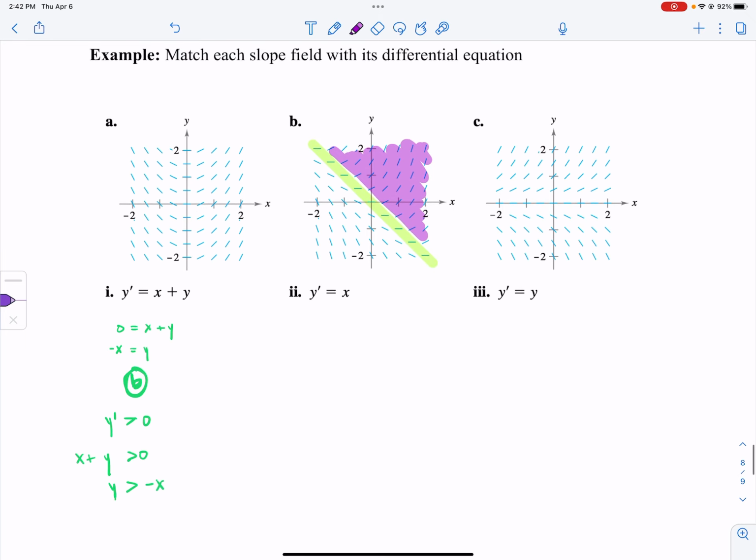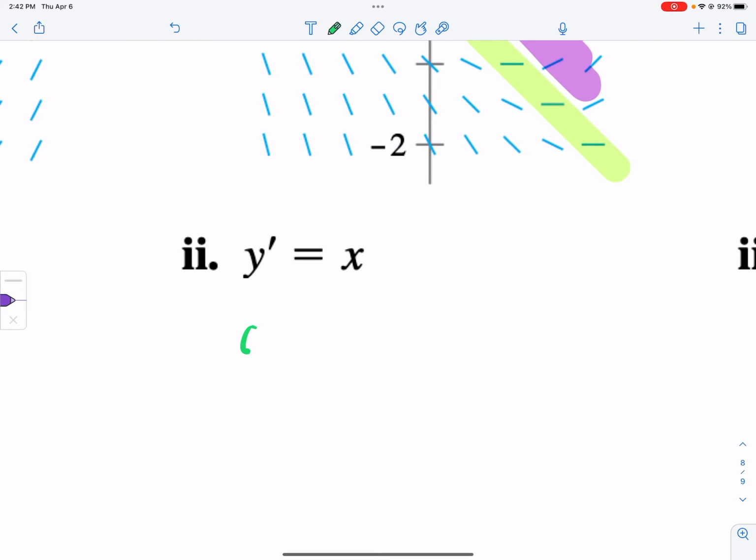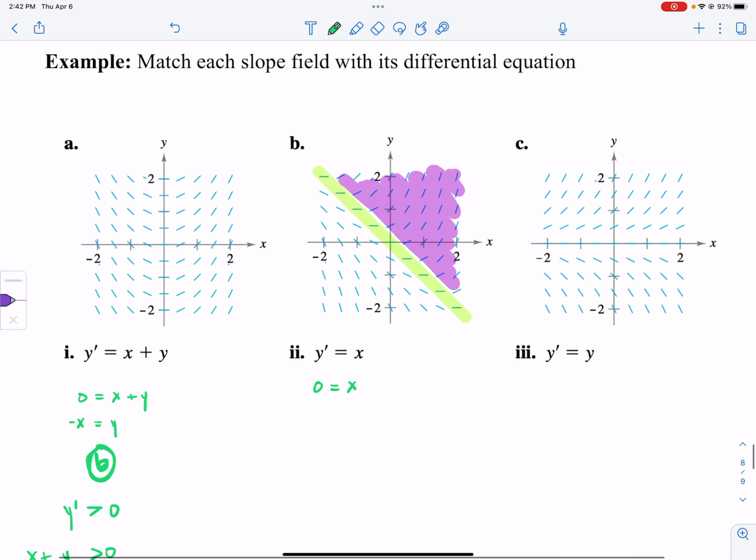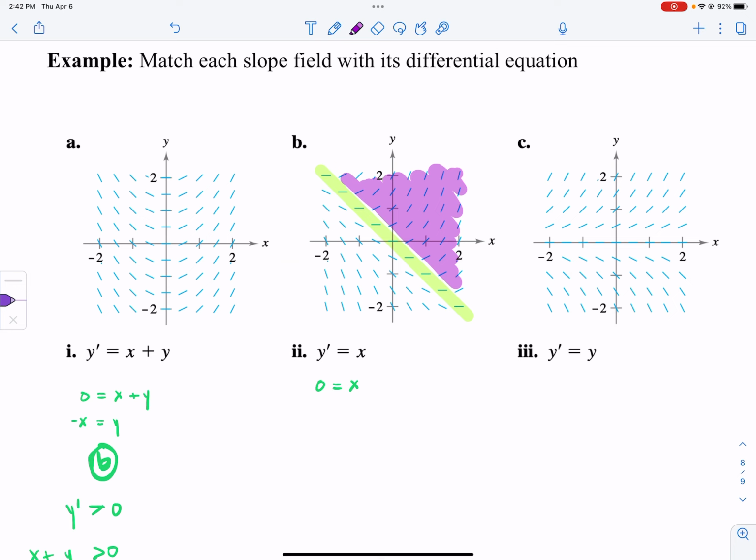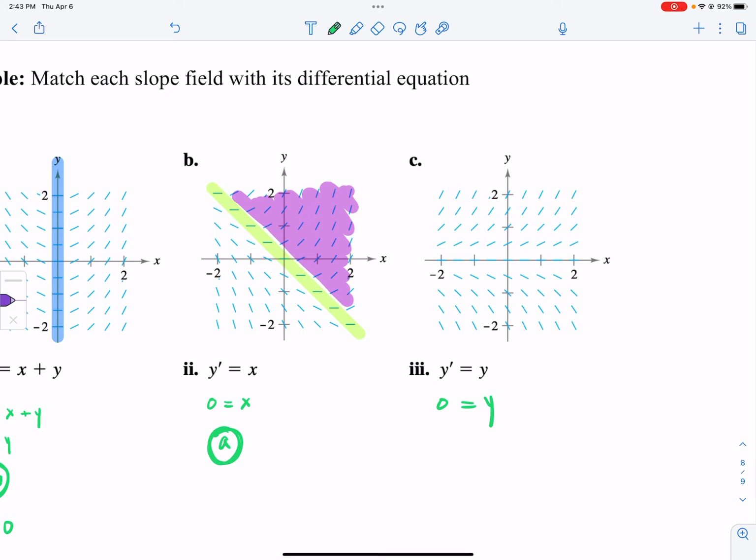So looking for those trends, for 2 you could say, okay, if we set y prime equal to 0 when x is equal to 0, of the two graphs that are left, notice when x is equal to 0, there are horizontal tangent lines for A. So this is going to be A, match with the graph of A. And then when y prime is equal to 0, y is equal to 0.